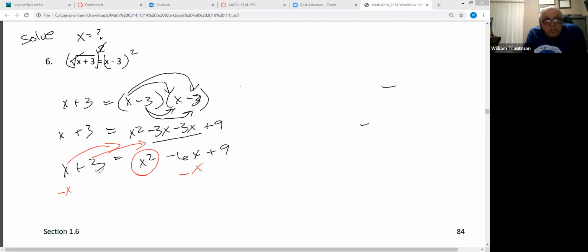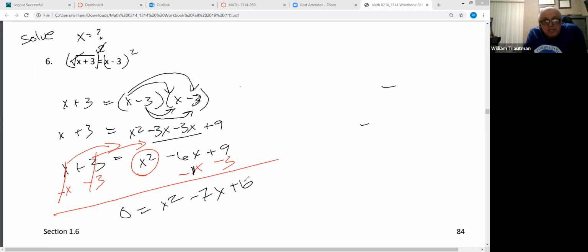You have to take this 3 over, it's a plus 3. I'm going to minus 3. That turns a 0, that turns a 0. So on the left-hand side, I get 0 equals x squared. This is a 1. Don't forget, minus 6 minus 1 is a minus 7x. And 9 minus 3 is a plus 6.